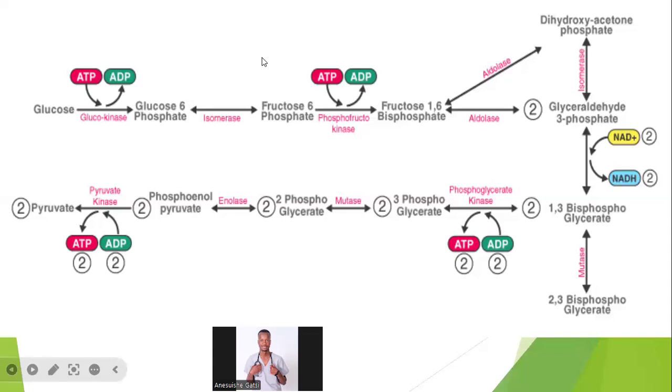You also react with a phosphate molecule here. Though it's not put on the diagram, you also have a phosphate molecule there. Right. And the enzyme that's working here is a dehydrogenase. So it's called GAP dehydrogenase.